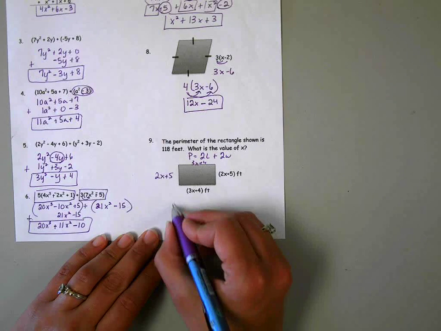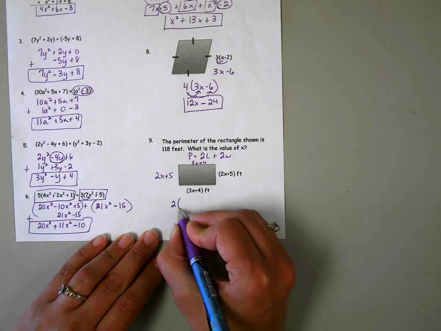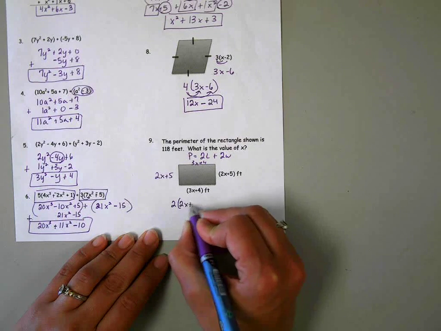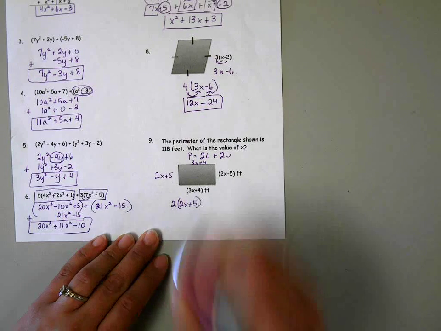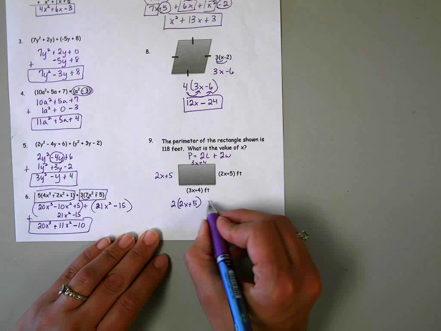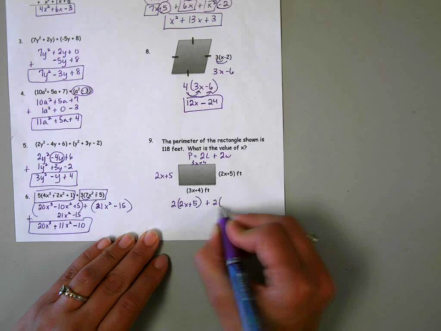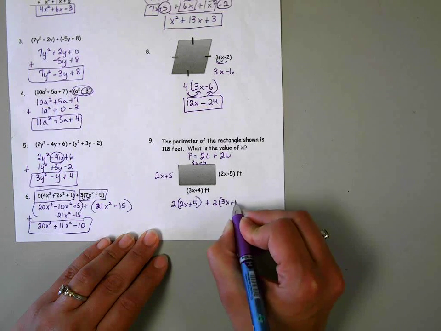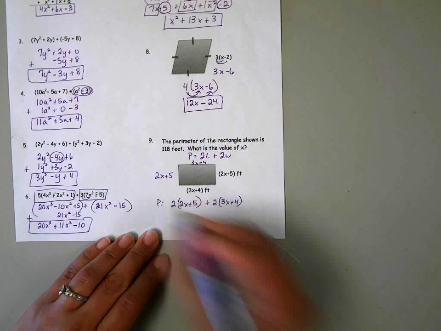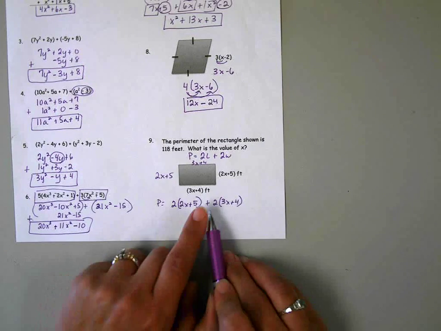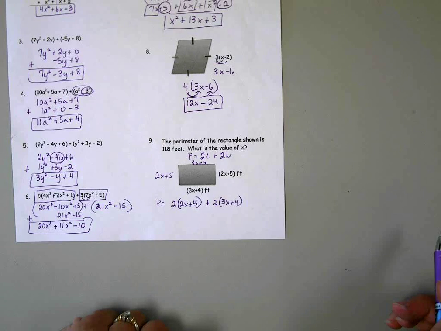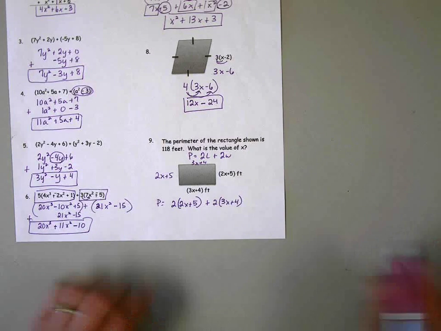So I'm going to do 2 times 2x plus 5, because I have 2x plus 5s, plus 2 times 3x plus 4. So this is representing my perimeter. 2 times the length plus 2 times the width. Now I'm going to simplify.